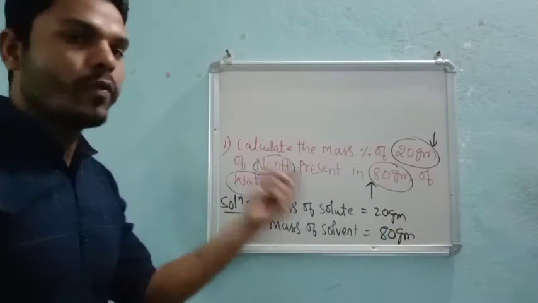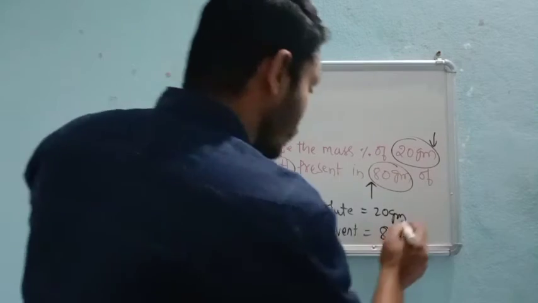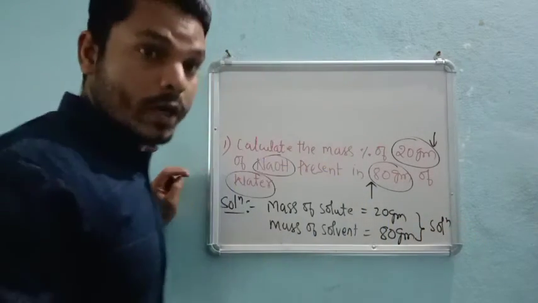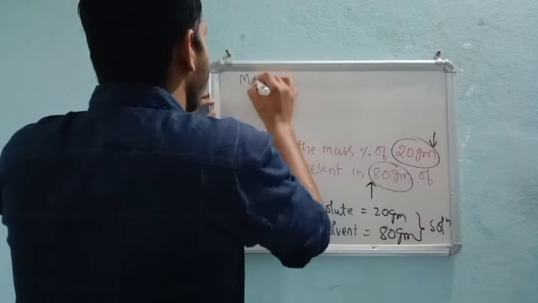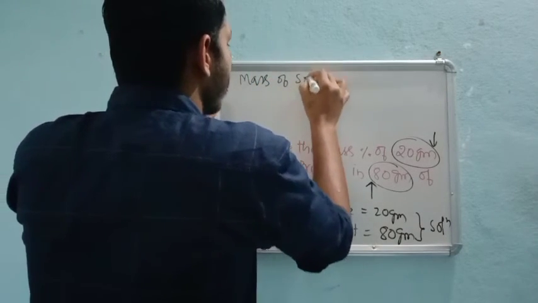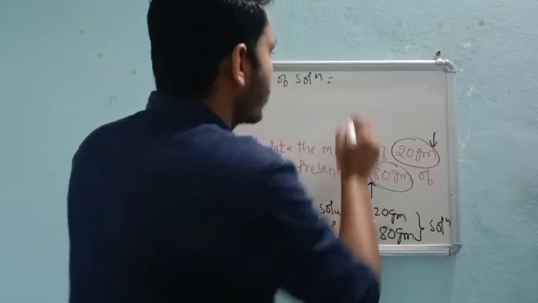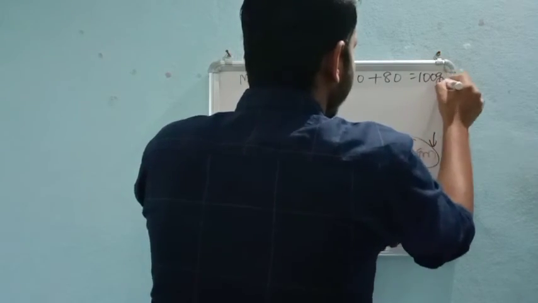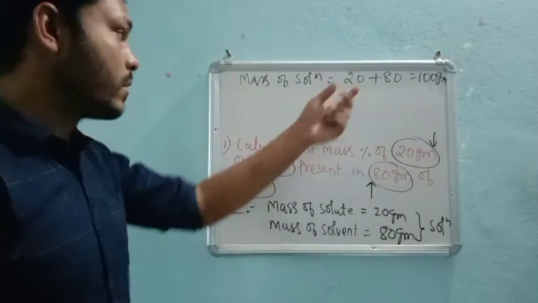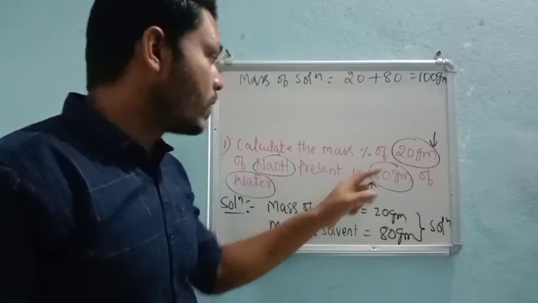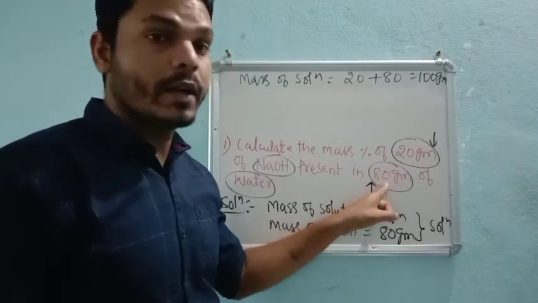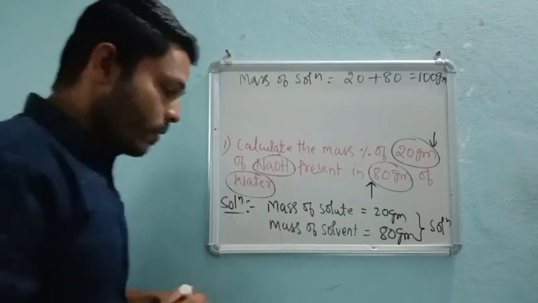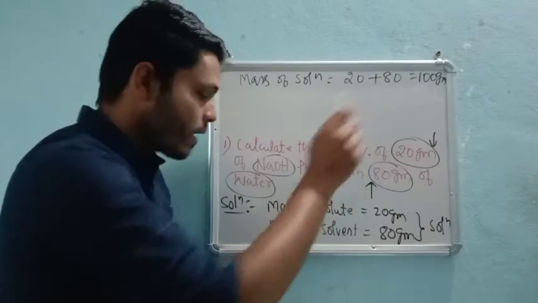Now you go for your calculation. These two are forming the solution. What is the mass of solution? Mass of solution is equal to 20 plus 80, that is 100 gram. Whenever the solute combines with the solvent, only then does the formation of solution take place, so we have to add up these two.